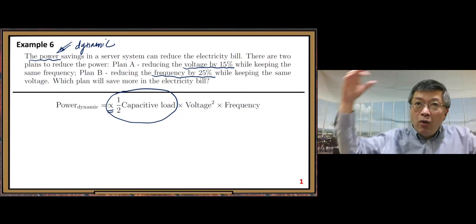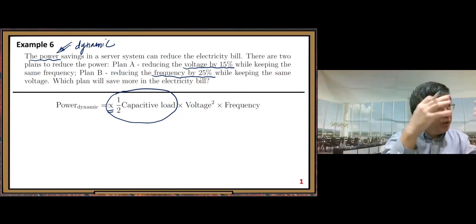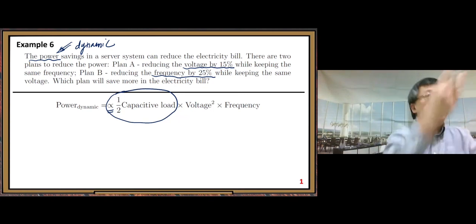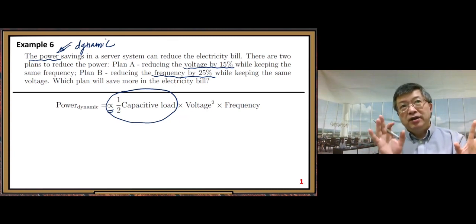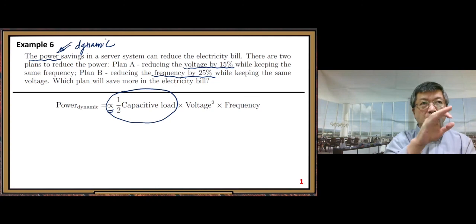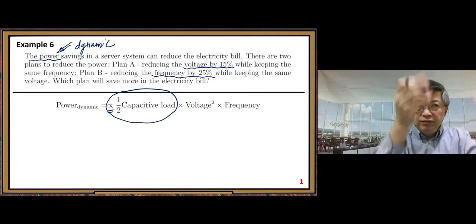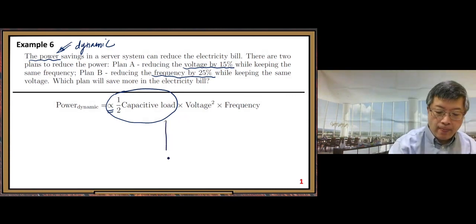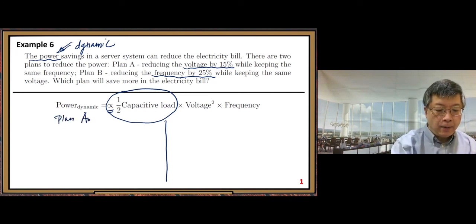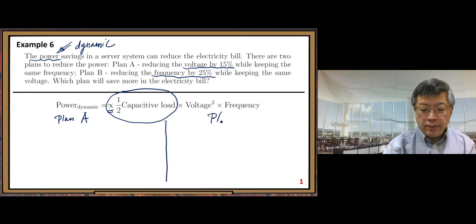The dynamic power reduced, but the productivity actually could be increased, right? So here we assume even if the dynamic power reduced, we can still do the same computing. So let's start the work. So this side plan A, this side plan B.